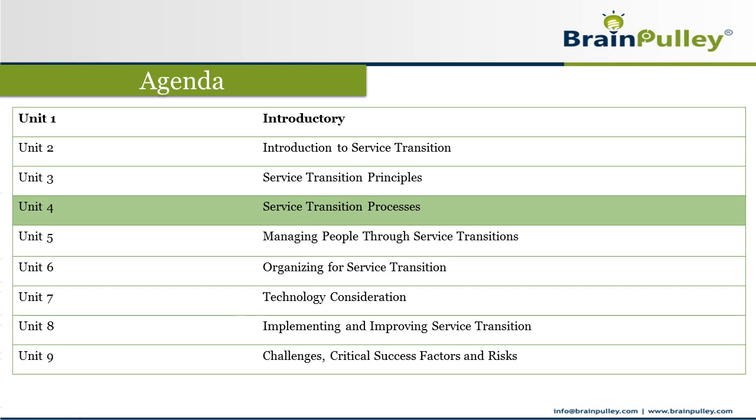The processes discussed in this unit are transition planning and support, change management, service asset and configuration management, release and deployment management, service validation and testing, change evaluation, and knowledge management. Some of these processes are used throughout the service lifecycle, but they are addressed in this publication since they are central to effective service transition.